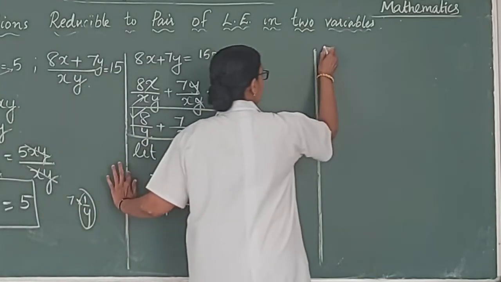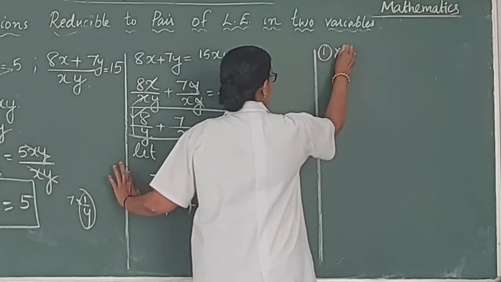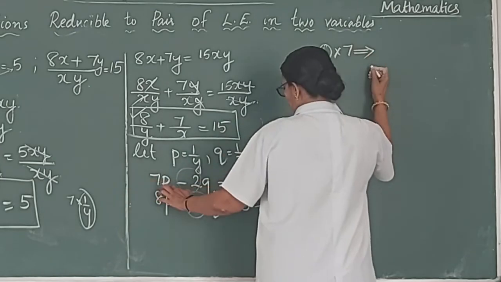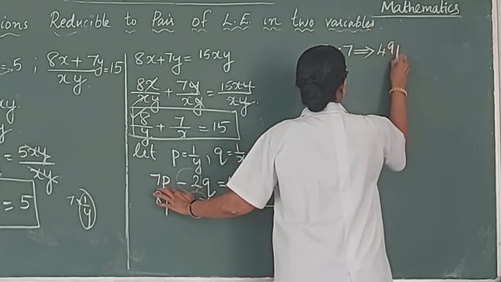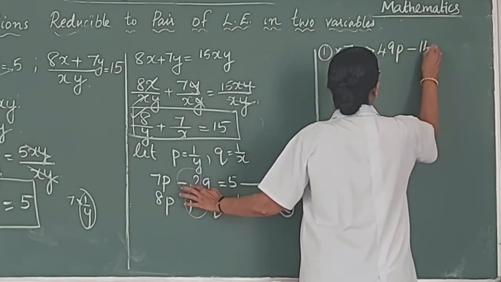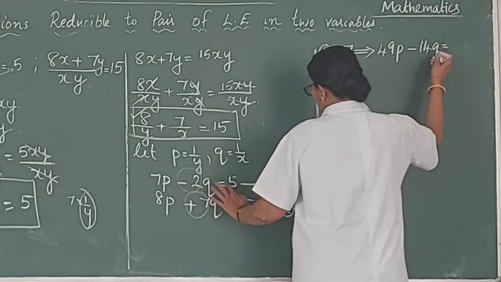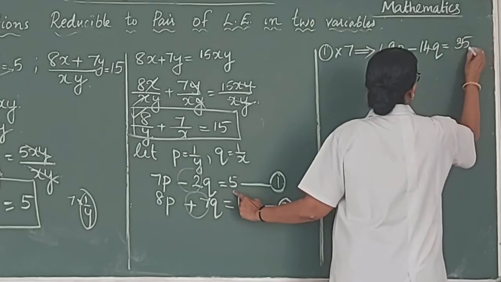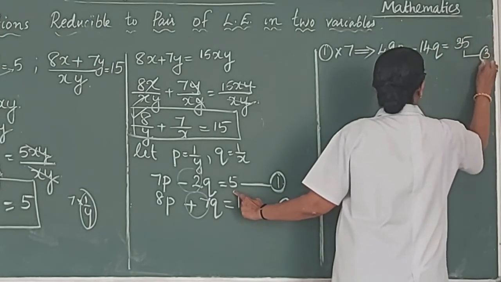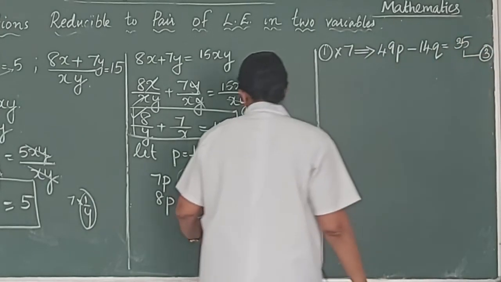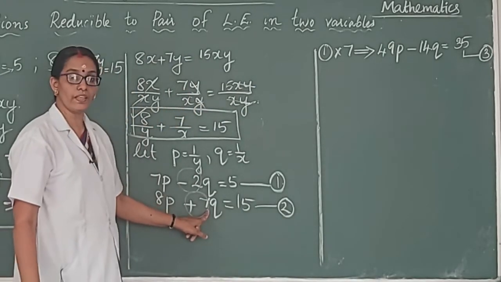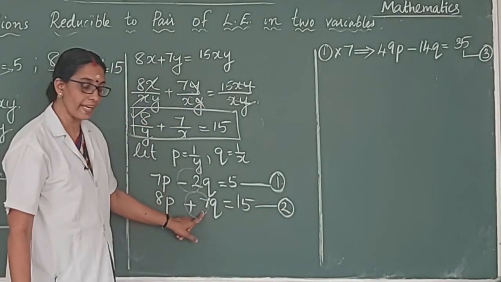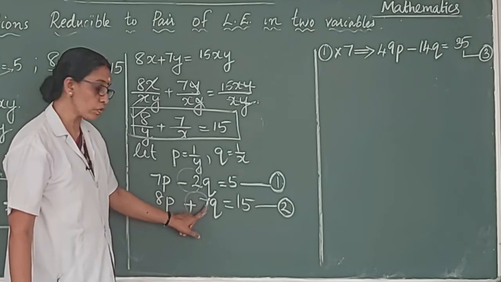Equation 1 multiplied by 7 gives 49P − 14Q = 5 into 7, which is 35. Equation 3. Now here the coefficient is 7. We have to change it to 14, so we have to multiply by 2.